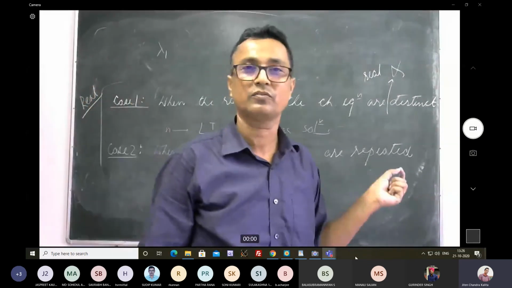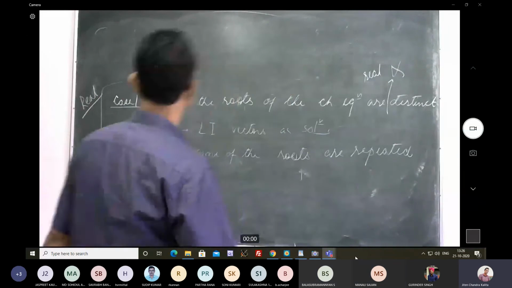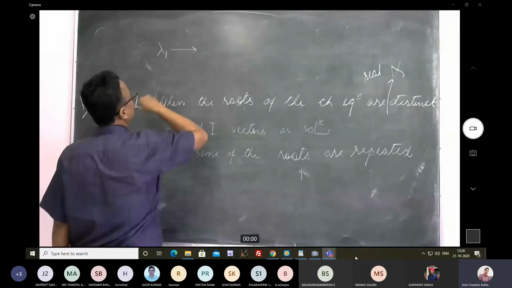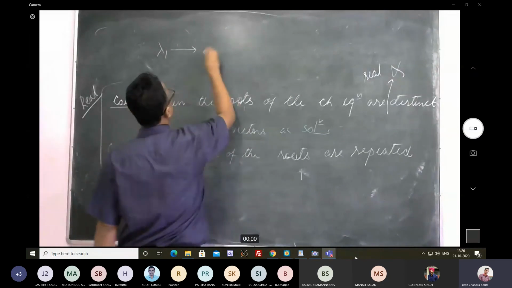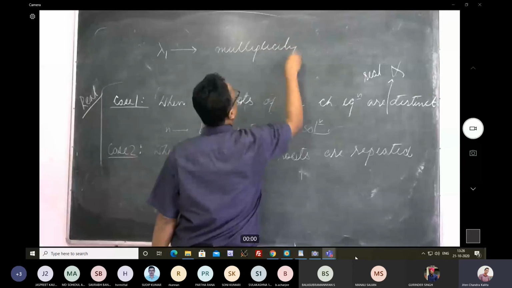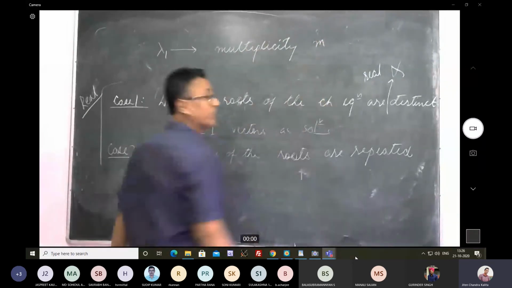Is it okay? Fine. So suppose this lambda 1 is a characteristic root of multiplicity m.